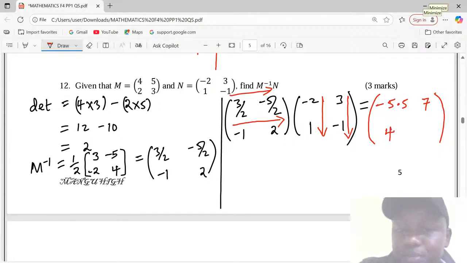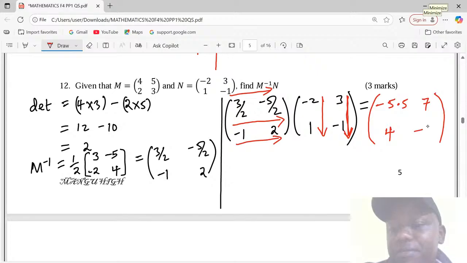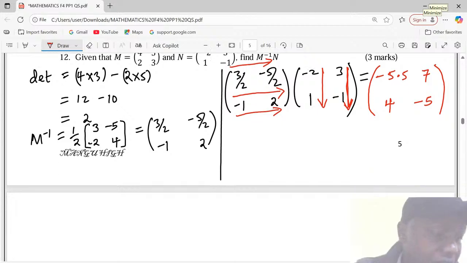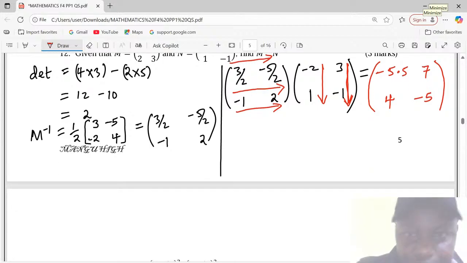Then the last one should be the same row times the last column, the column with 3 and negative 1. So negative 1 into 3 plus 2 into negative 1. This gives me negative 5. So now we have the final answer matrix.